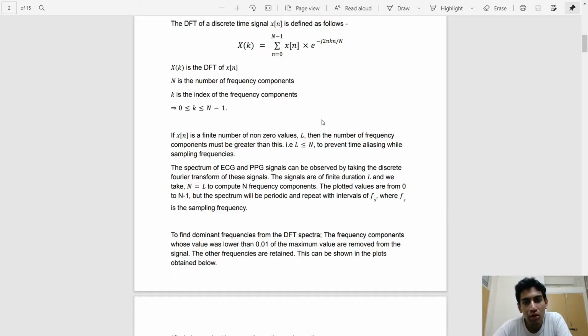And ideally we choose the value of N to be equal to L because this doesn't lose any information and requires the least amount of storage.